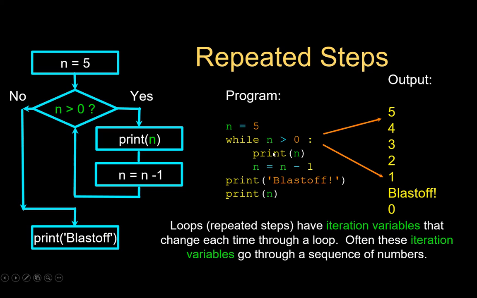When n is less than or equal to 0, we will get out of this while block, and we will continue to the next commands, which is print blast off, and finally we're going to print n, which is 0 in this case.